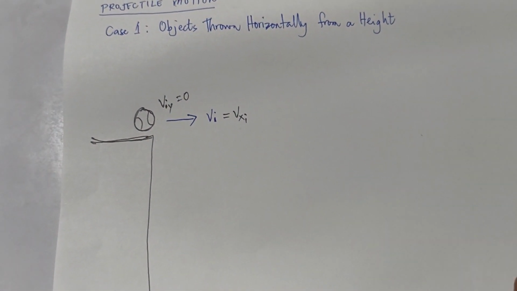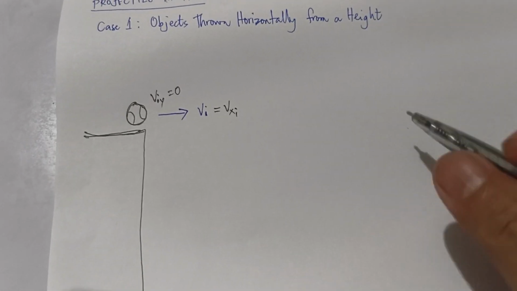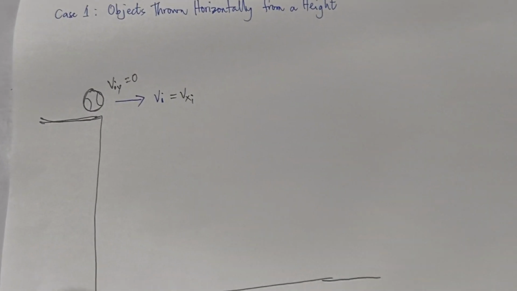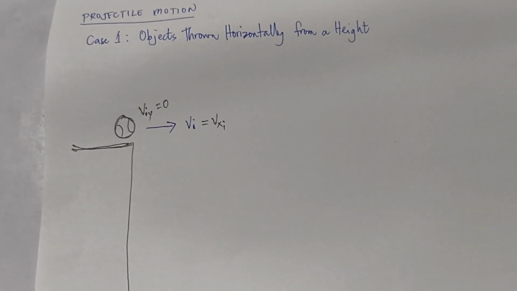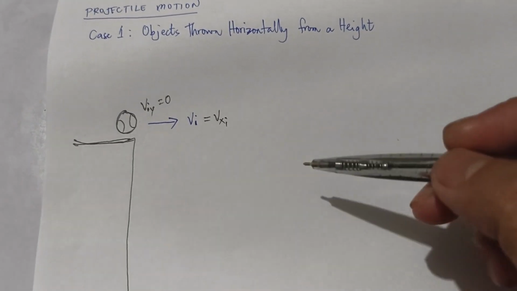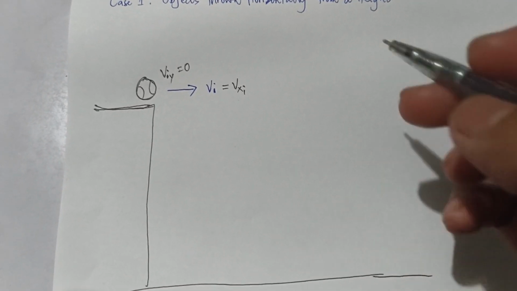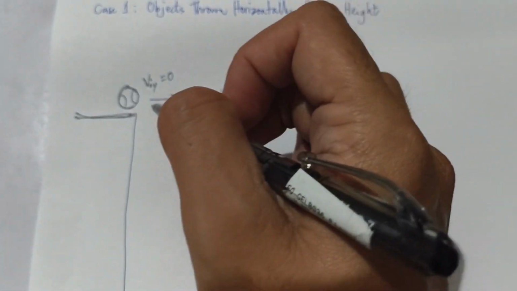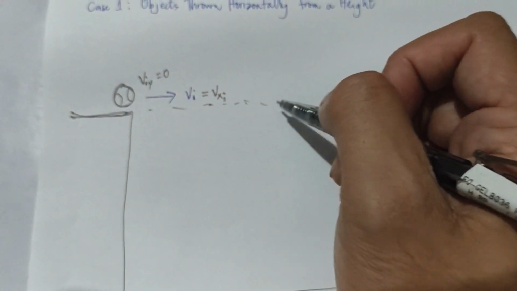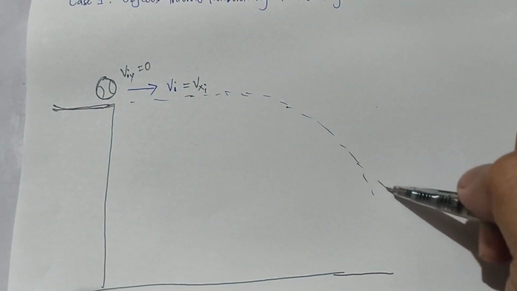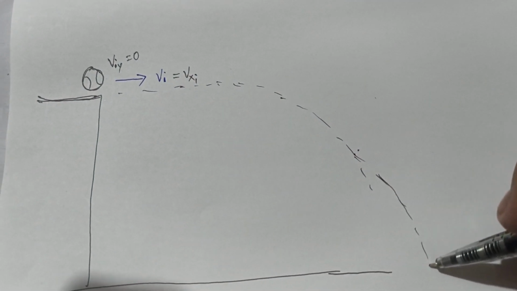So how does this object travel? Will it go straight horizontally? Of course, the answer is no. It will not move horizontally all throughout because gravity pulls it to the ground. Alright? As such, it will move in a curved path. Okay? Say for example, parang ganito.